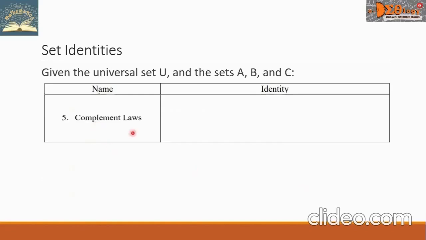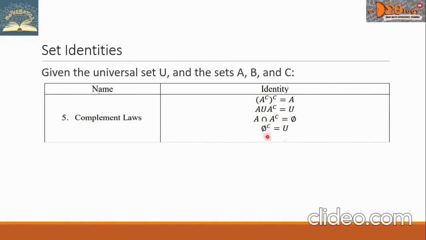Number 5 is complement law. In here, there are many identities. The first is the complement of the complement of set A equals set A. Next, A union the complement of A equals the universal set, the U. Third, A intersect the complement of A equals null set.